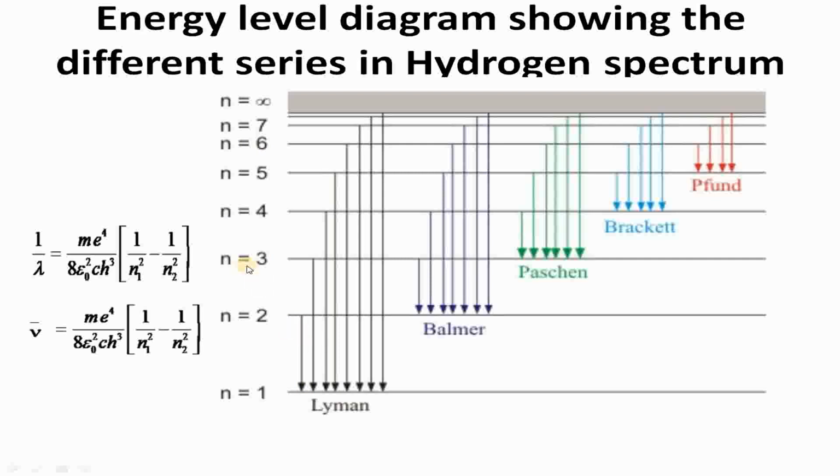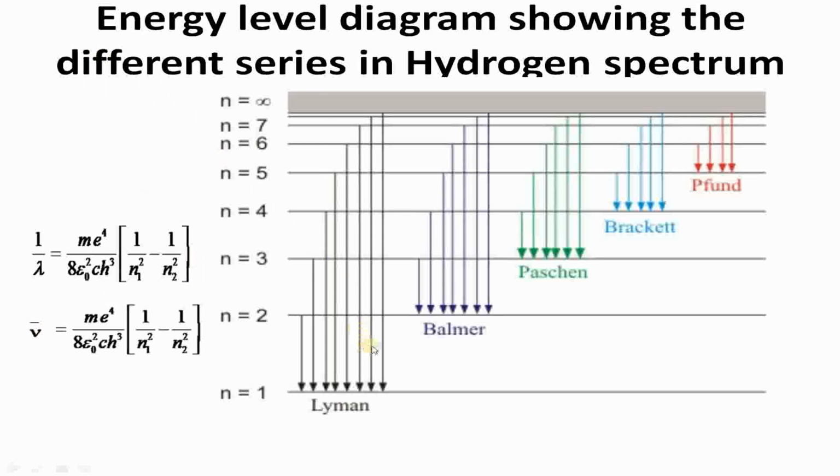Similarly, when electronic transition takes place from n is equal to 3 to n is equal to 1, you will get another photon of definite frequency and wavelength. Similarly, electronic transition may take place from n is equal to 4 or n is equal to 5 to n is equal to 1 and so on.